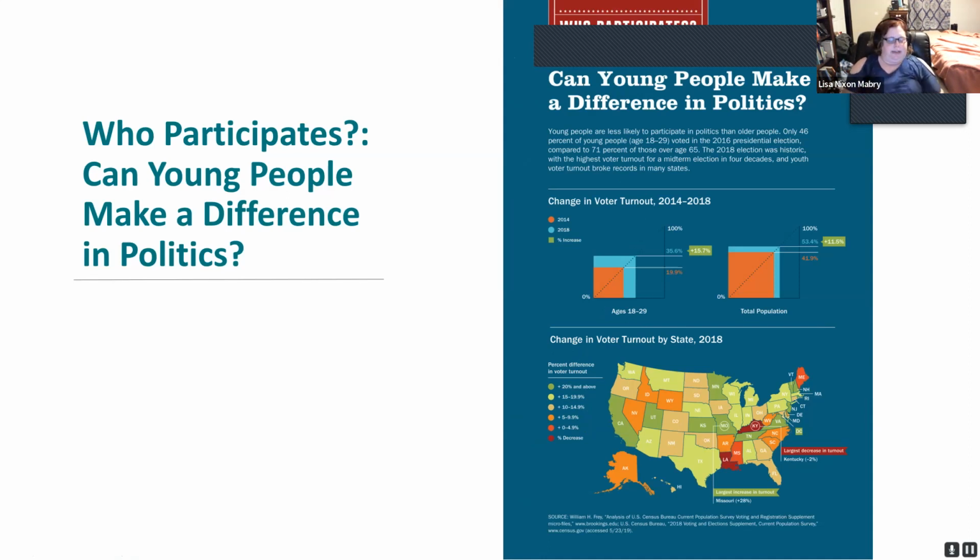So a couple of different reasons why the turnout is so vastly different between people under the age of 30 and people over the age of 65. People who are over the age of 65 on average are more likely to be retired. So they have more free time in their day, right? They've got more time to do the research.